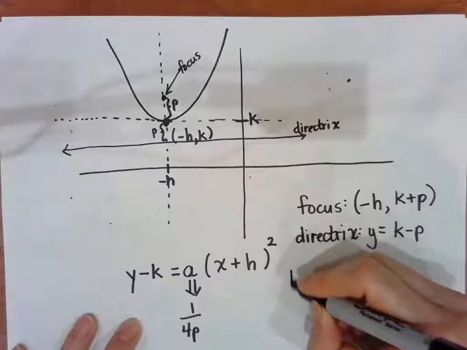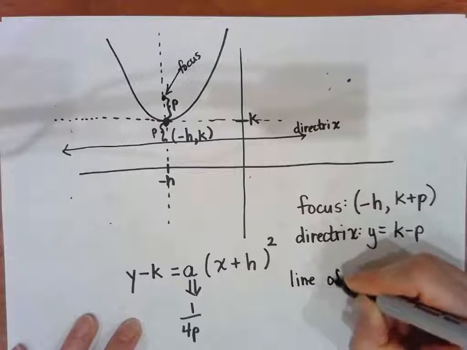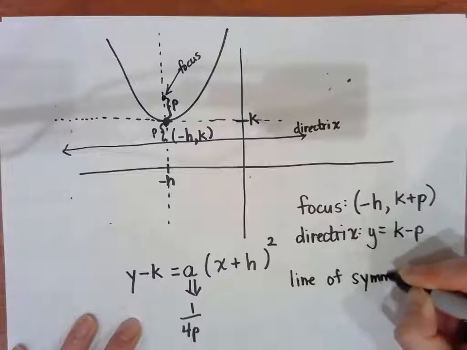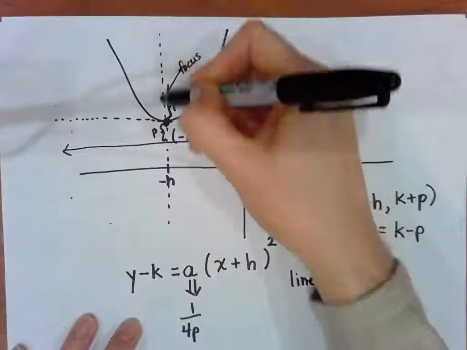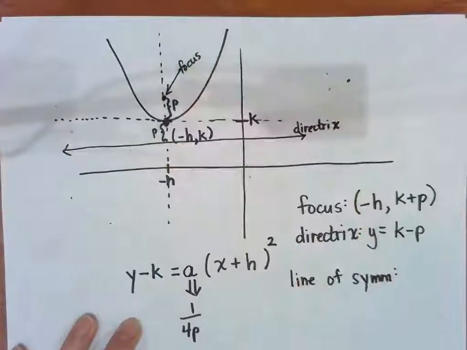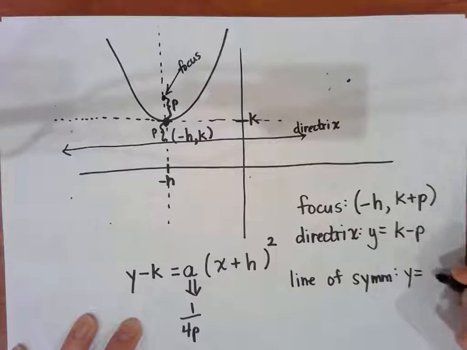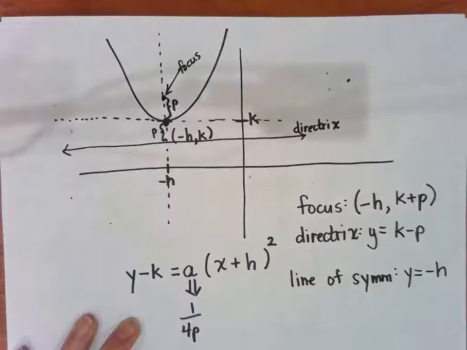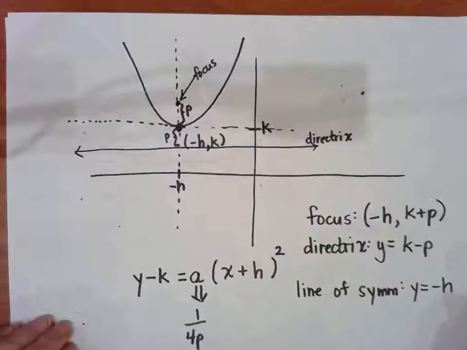And then we have a line of symmetry here that goes right through the focus and the vertex as well at x equals negative h.